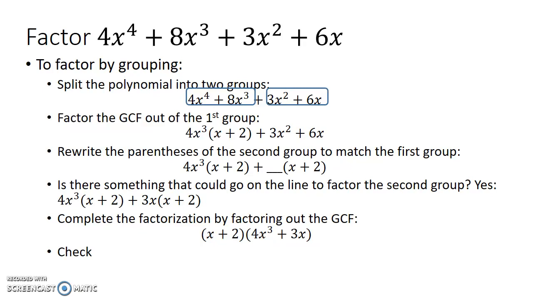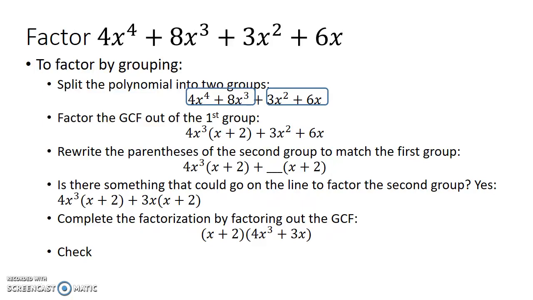My outer is 3x times x, there's 3x squared. My inner is 8x to the third, and my last is 6x. Even though the terms are in a different order, it works because the commutative property says order doesn't matter when I'm adding things together. So in this case, I'm done, and I factored this by grouping.